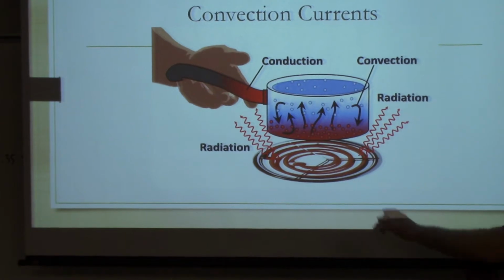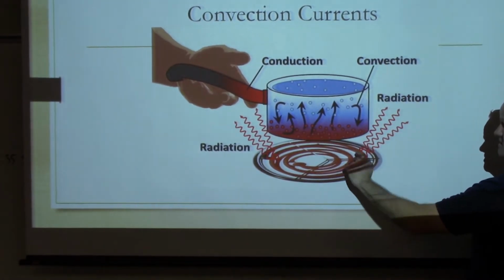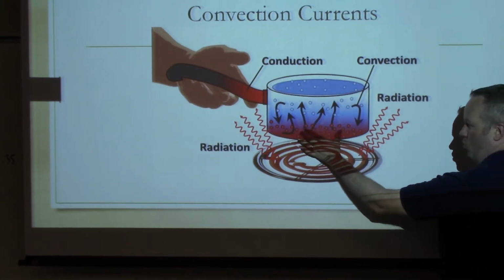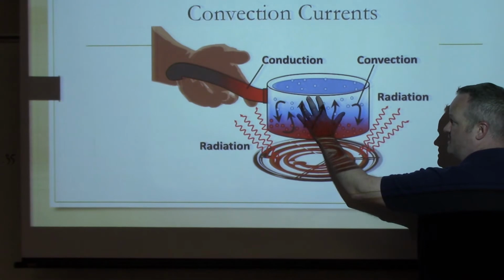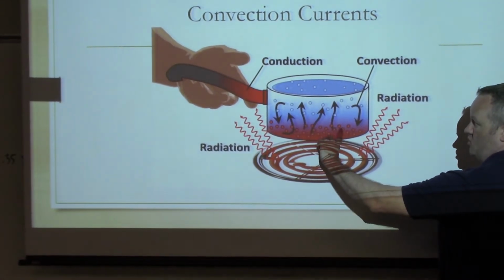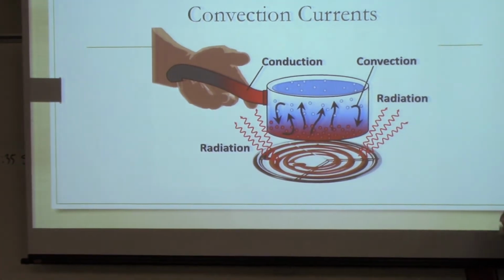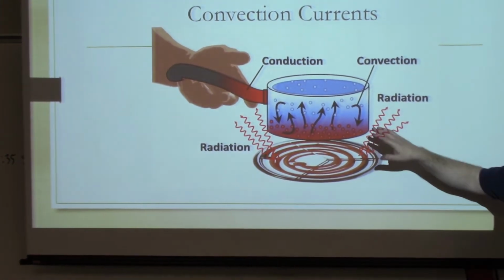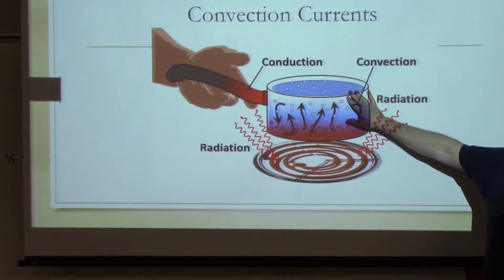One thing I want you to know, especially about transfer through convection, is that when it's warmer, it's going to rise to the top. This is what causes the even heating of, let's say, this water. The warm molecules go to the top, the cold ones sink down, and the reason that happens is that the warm ones have less density than the cold ones.